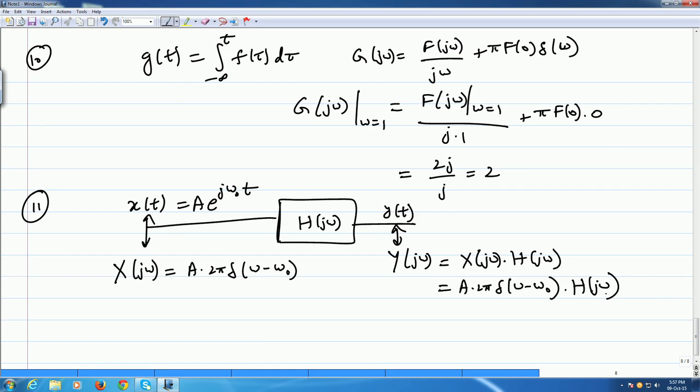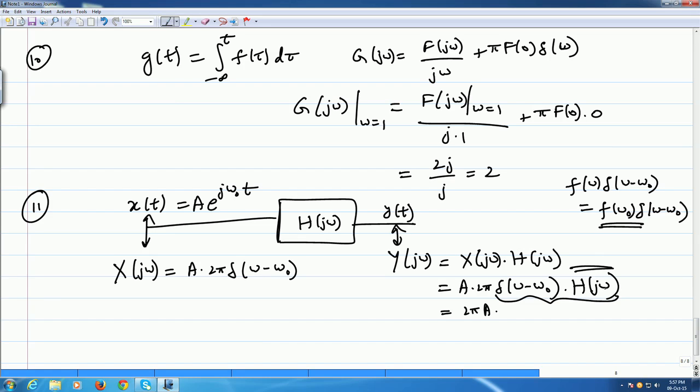So, now once again we know this property of f of omega times delta of omega minus omega naught is the same as f of omega naught times delta of omega minus omega naught. So, if you write this down, you simply get 2 pi a times, so in this formula instead of f you use h, and instead of omega you have to put omega naught, h of j omega naught times delta omega minus omega naught, okay. So, that is y of j omega.